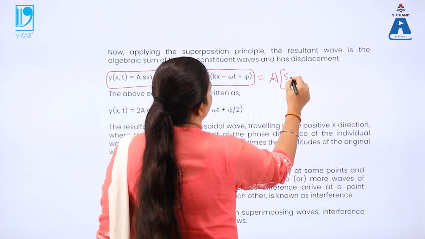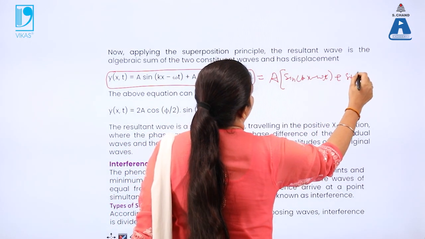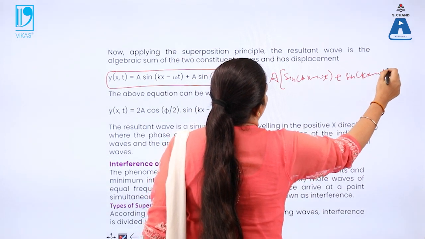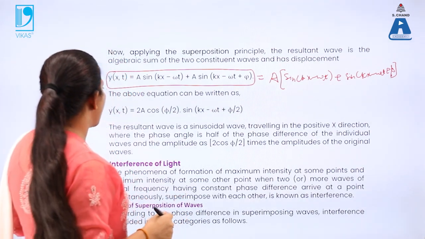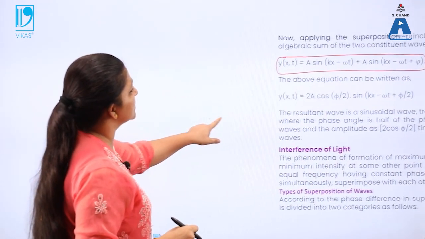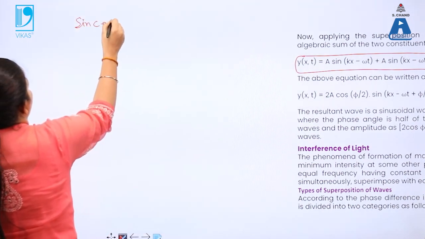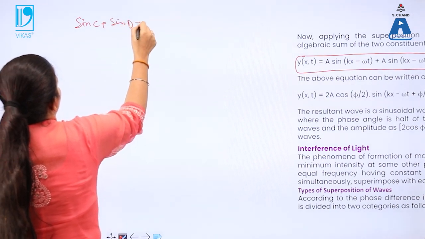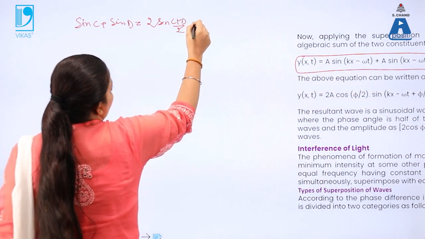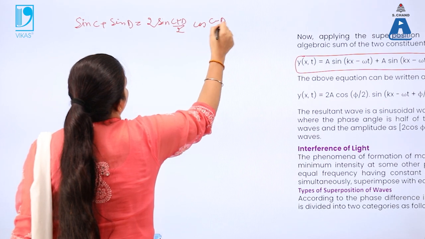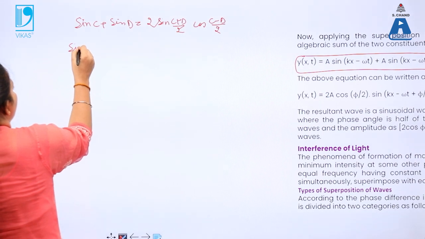So here comes sine C plus sine D. Now applying the formula, sine C plus sine D equals 2 sine of (C plus D) by 2 into cos of (C minus D) by 2. So apply this formula over here.